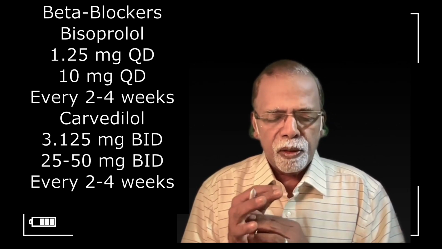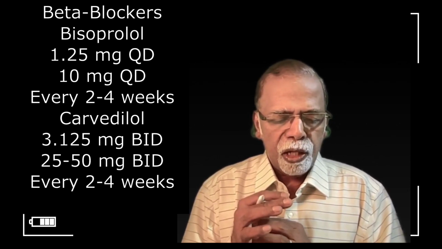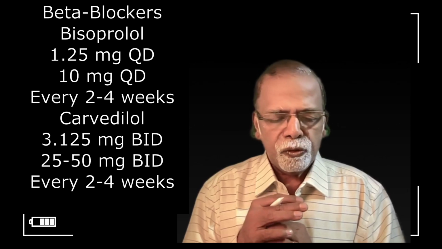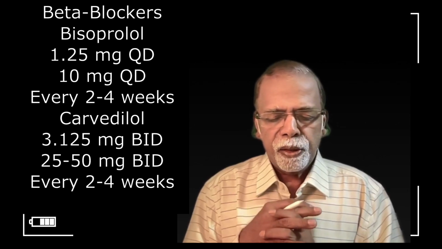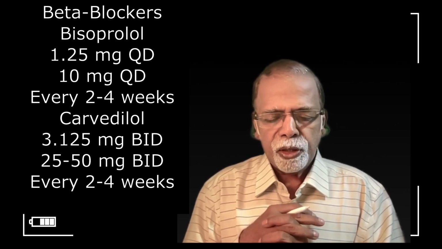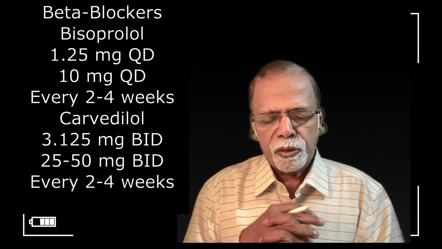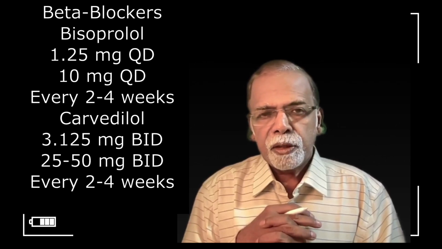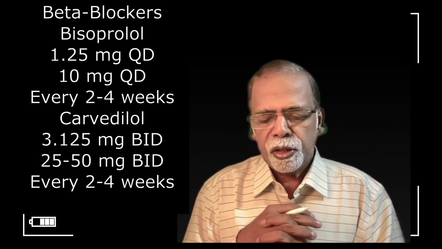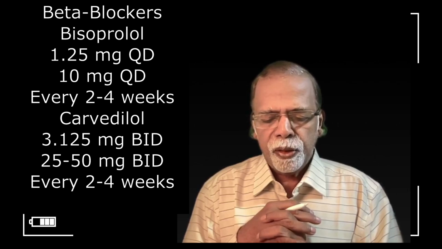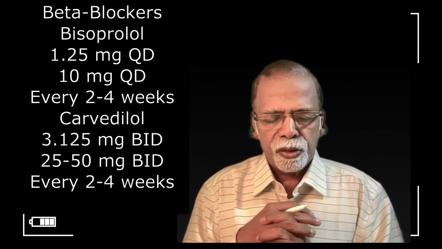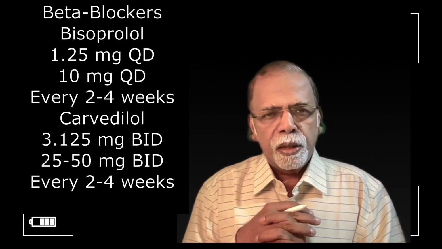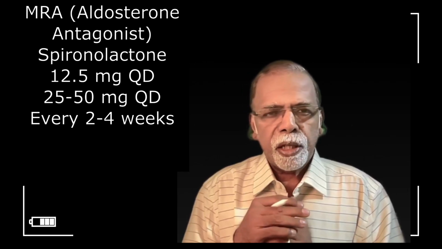If it is carvedilol, 3.125 milligram twice daily, step up to 25 to 50 milligram twice daily. The beta blocker should be gradually stepped up, that is every 2 to 4 weeks the dose is stepped up.